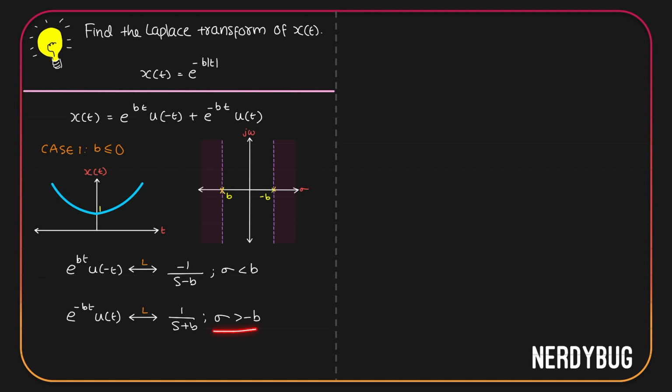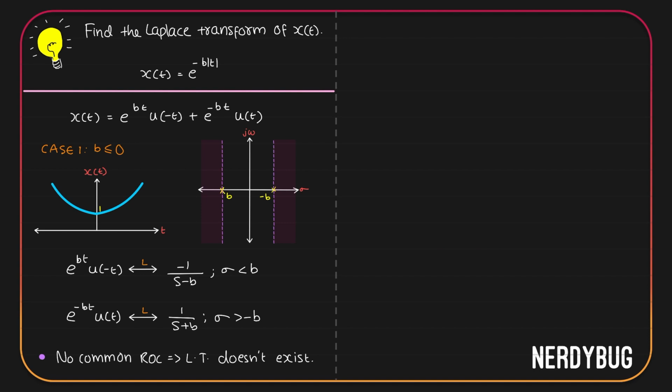For the second part, sigma is greater than minus b. So everywhere over here where sigma is greater than minus b. The important point here is both of these do not coincide anywhere. There is no common region of convergence for these two component signals. So the Laplace transform does not exist for x(t) being e raised to minus b mod t.